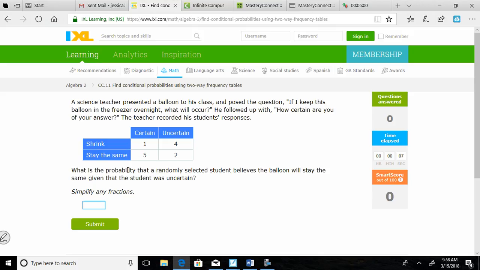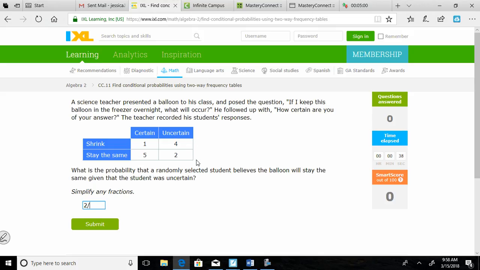It says, what is the probability that a randomly selected student believes that a balloon will stay the same at a given point and are uncertain? You're just coming up with the conditional probability. Out of this, how many would say this? And you're just turning it into a fraction. So it would be 2, and then how many students are there total? This one has 5, this one has 7.